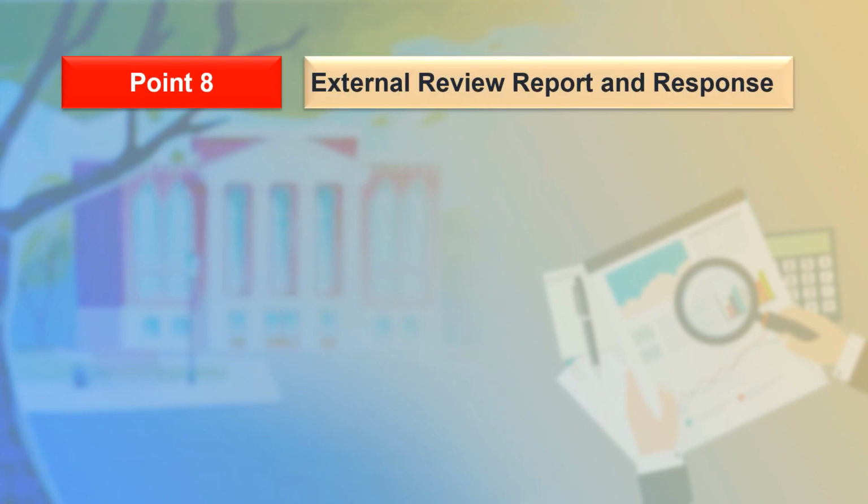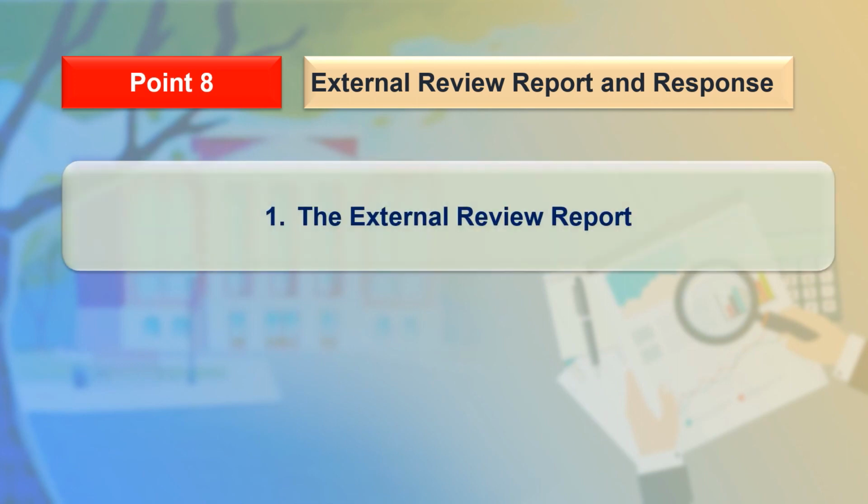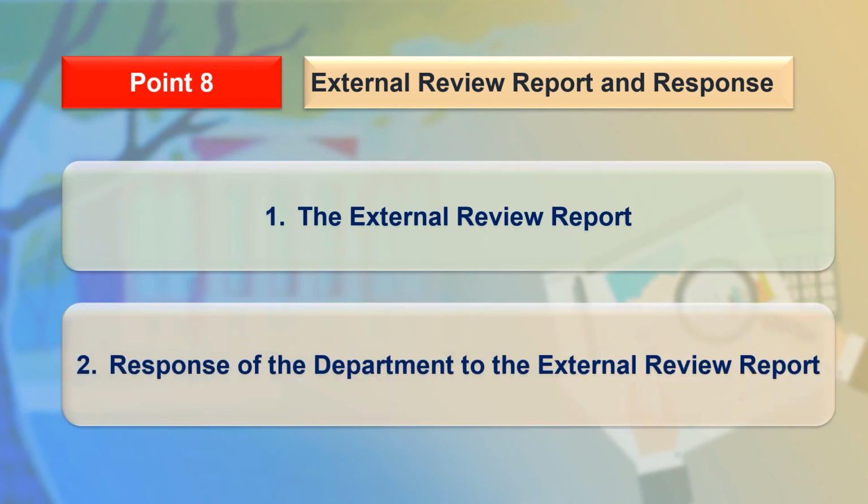Point number 8 is external review report and response. Again, it has two parts. Number 1, the external review report, submission of a report of the findings of external team and their recommendations, and the second part is response of the department to the external review report.